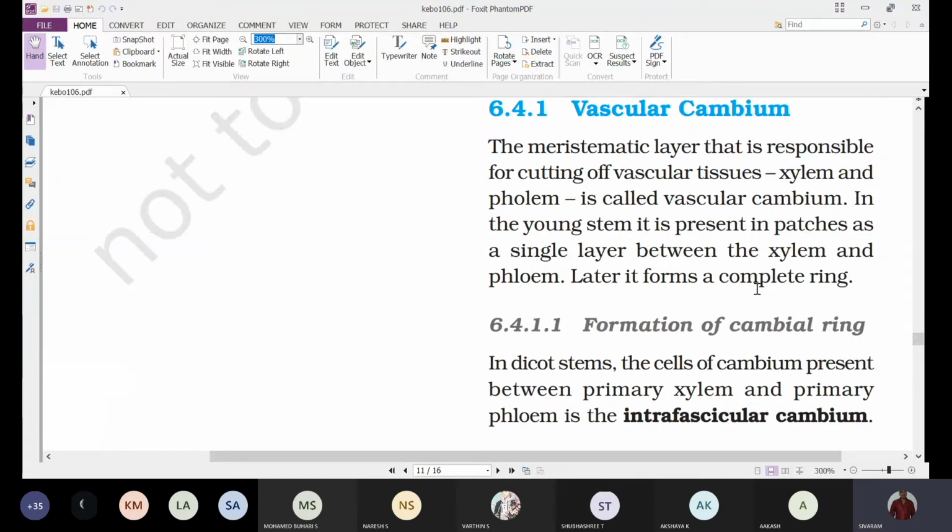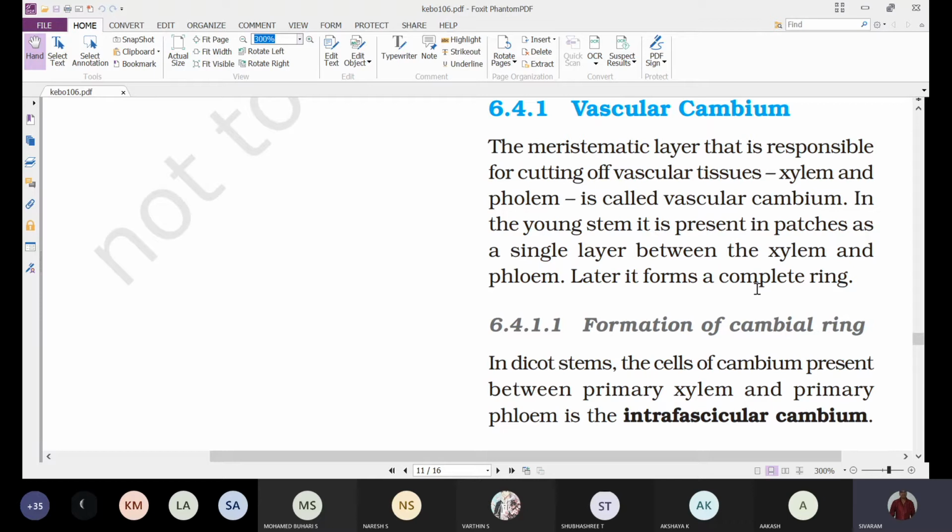Already we know very well, when you observe the dicotyledonous stem, we can recall the description of the vascular bundle: conjoint, open type and endarch xylem.